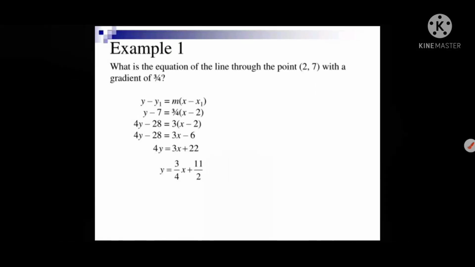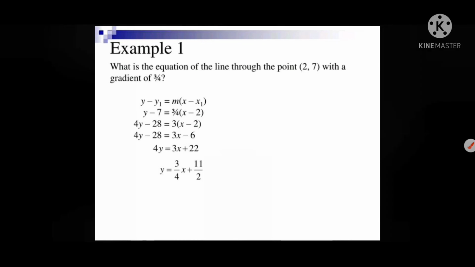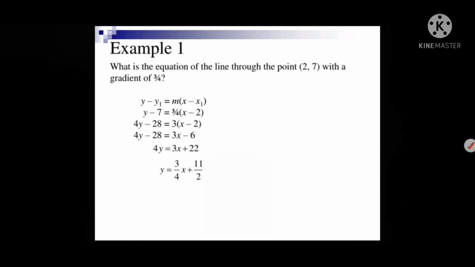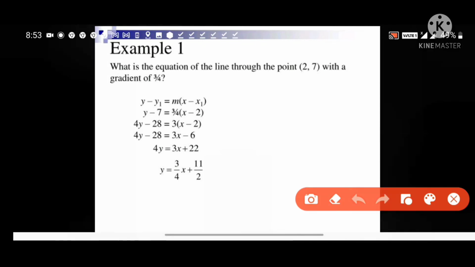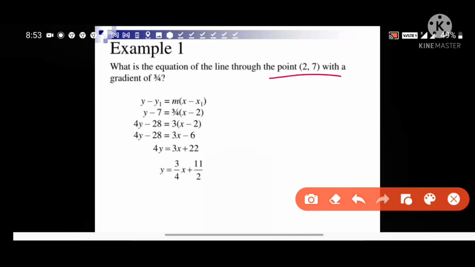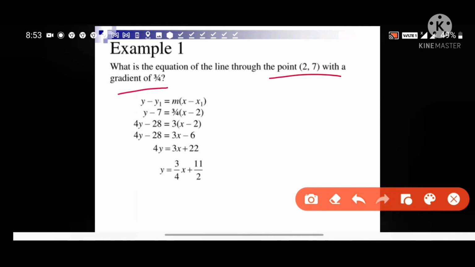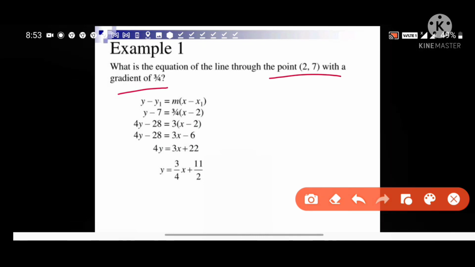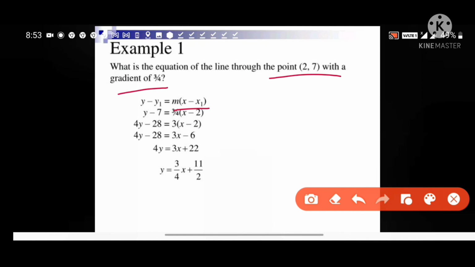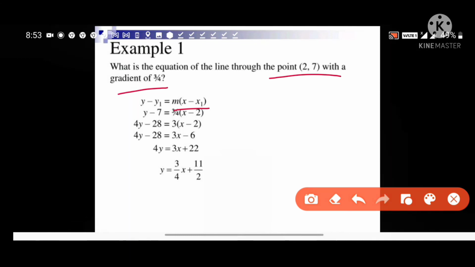Next question. What is the equation of the line through the point 2, 7 with the gradient of 3 by 4? In this question, 1 point is given and the slope is given. Now, by using the point slope form, y minus y1 is equal to m times x minus x1.